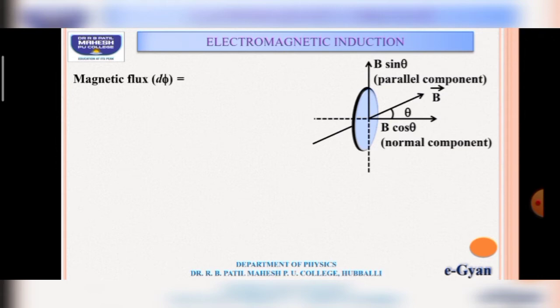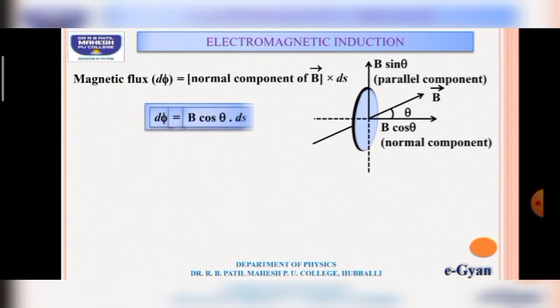Now we are going to express magnetic flux mathematically. It is equal to the normal component of magnetic field into surface area. What is the normal component of magnetic field? B cos theta, that is d phi is equal to B into cos theta into dS.